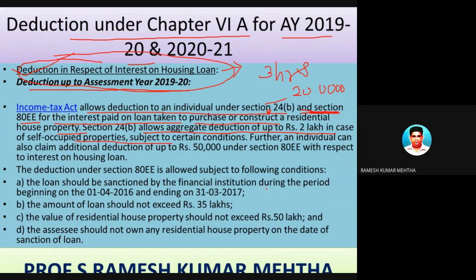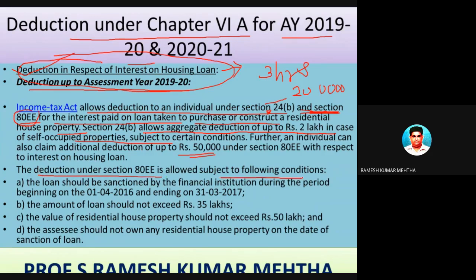Further, apart from this 2 lakh rupees, you can claim certain additional deductions under Section 80EE to the tune of another 50,000 rupees on interest on housing loan, subject to certain conditions. Now, what are these conditions to claim the deduction under Section 80EE?